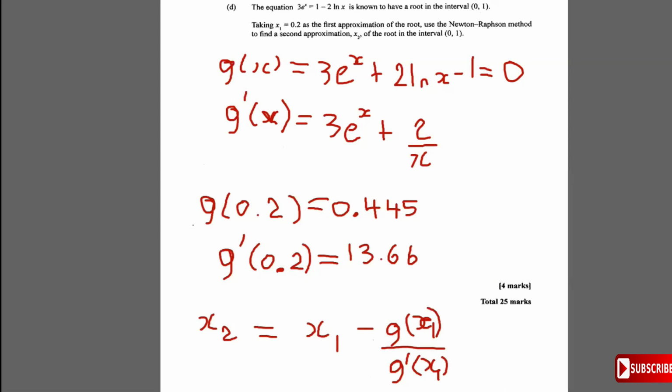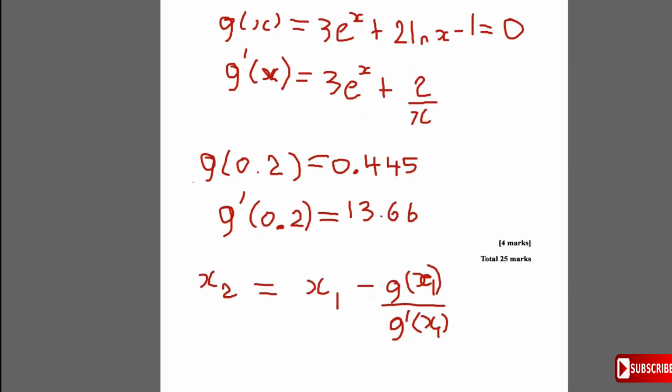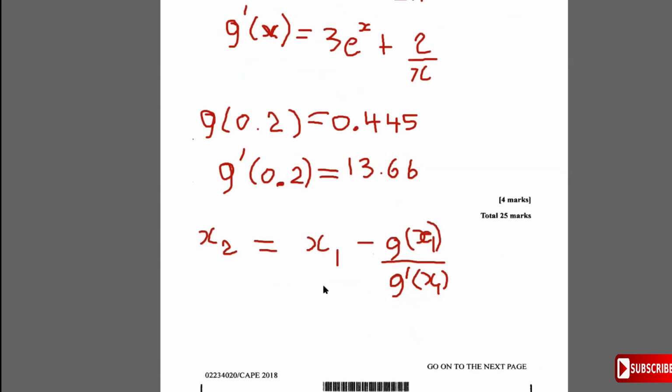Moving right along and working this out, what we're going to get is x1. What is x1? x1 is 0.2. So we'll get 0.2 minus g of x1. What is g of x1? What did you get for g of x1?